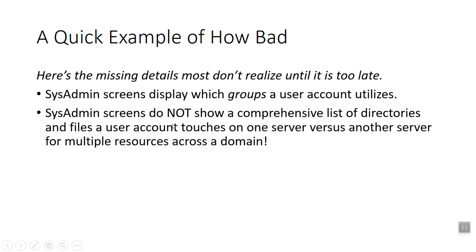An individual user account is assigned, or all those directories and files are tagged with that individual name on one server versus another server for multiple resources across the domain. So now you have a person's explicit name in there, and it's on all those things as opposed to a role, right? So how would RBAC change the scenario?